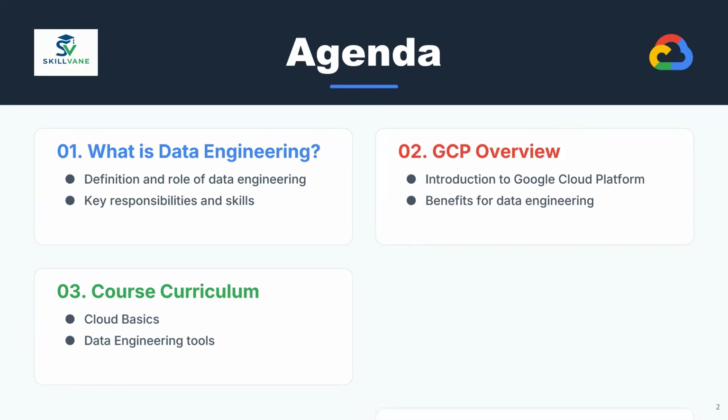And next, we will talk about the course details, such as the timings, notes, recordings availability, and from when to when the sessions run. All right, so this is the agenda for today's session, guys. First, what is data engineering. Then the GCP overview, then the course curriculum and course details.